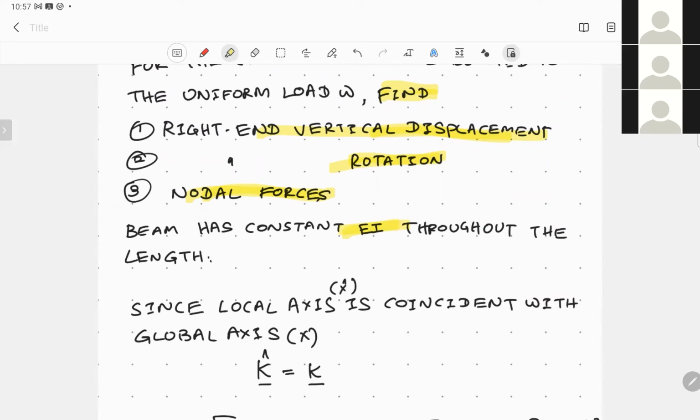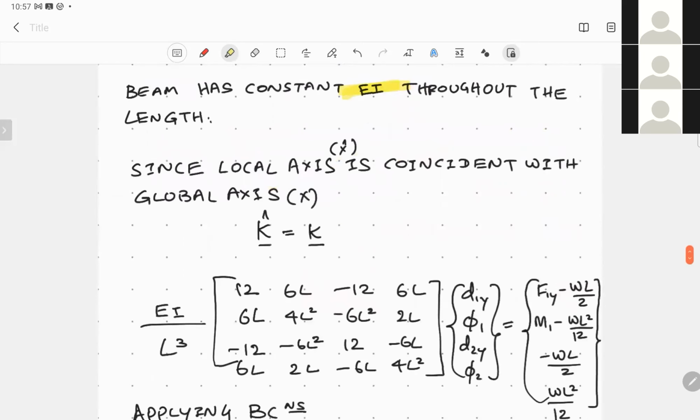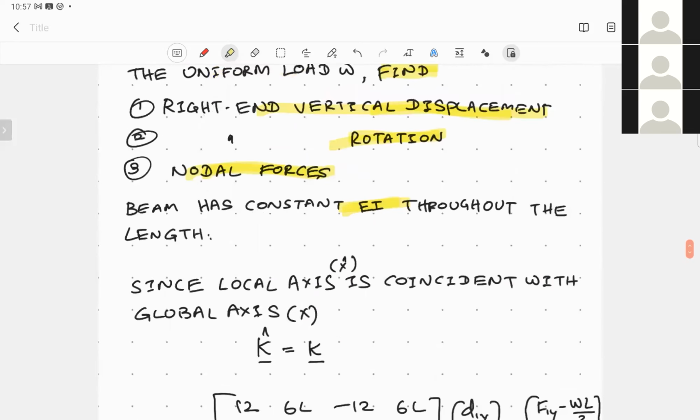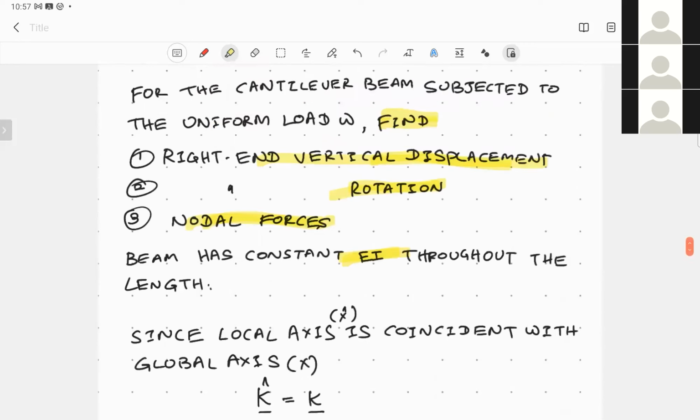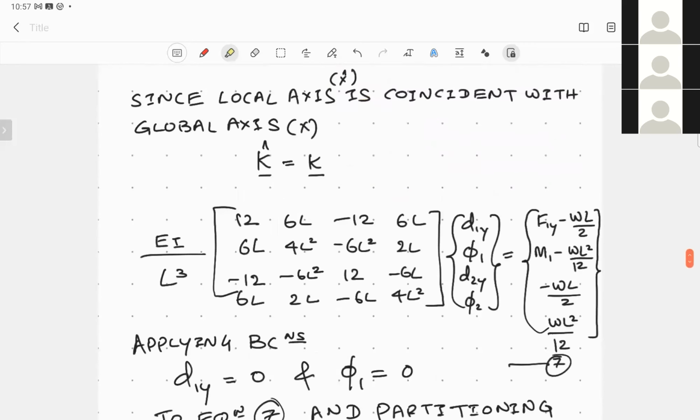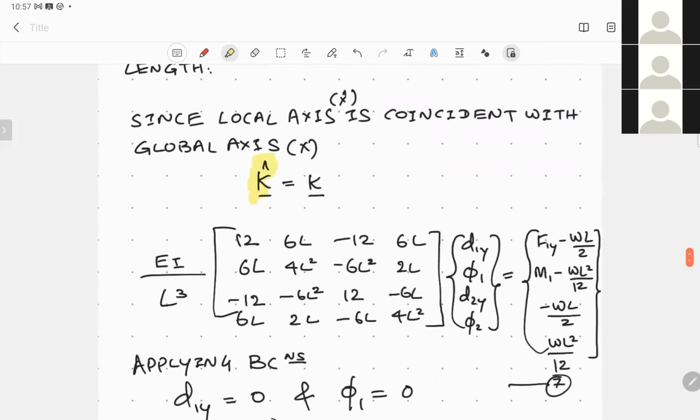In this case, since we don't have to consider two different axis systems, because the local coordinate system corresponds to the global coordinate system along the x-axis, we can simply skip the hat sign and use simple signs without the hat to analyze this beam. So we define nodes.